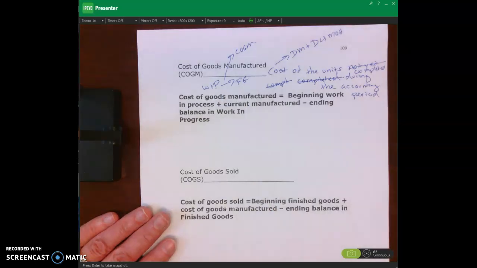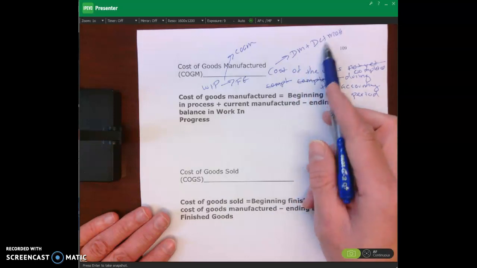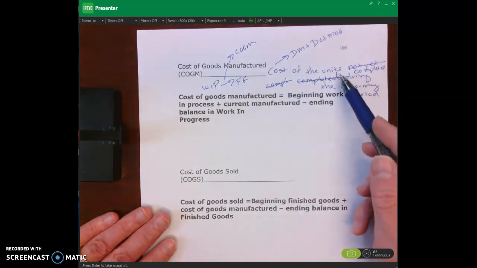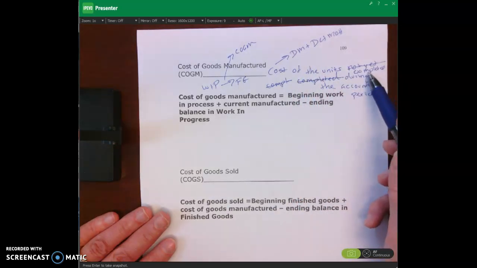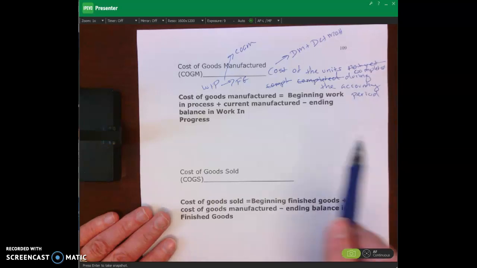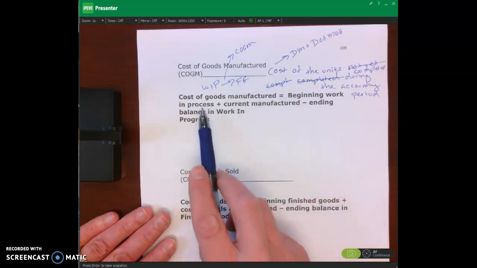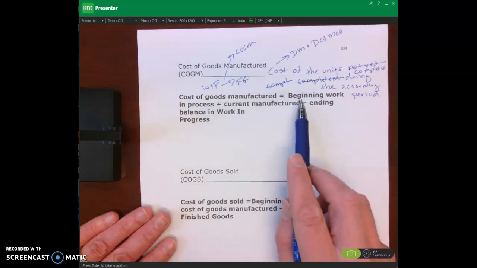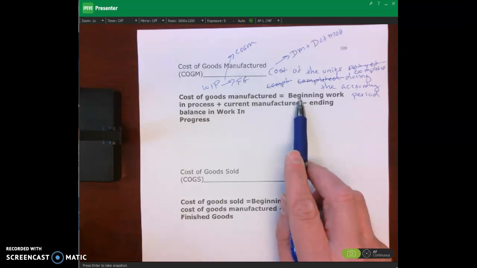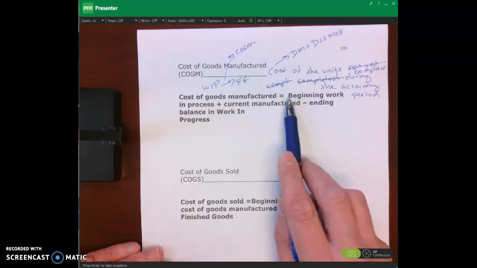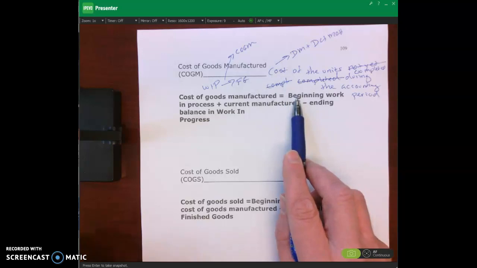Cost of goods manufactured is the direct materials, direct labor, and manufacturing overhead of those units that we did complete during the accounting period. The way we calculate that is we take the cost of our beginning work in process, the direct materials, direct labor, and manufacturing overhead attached to those goods that we didn't complete at the end of last period, which then becomes our beginning for this period.